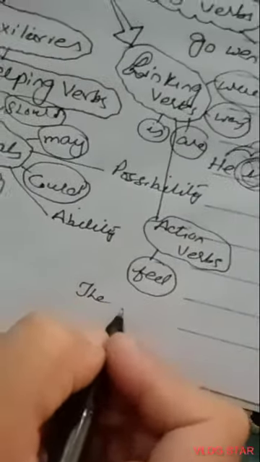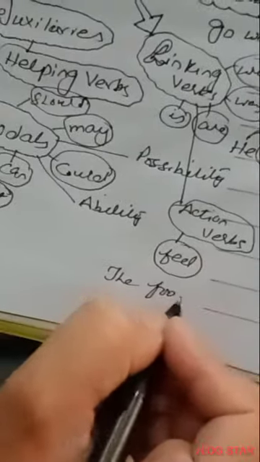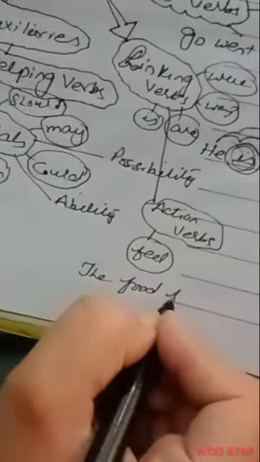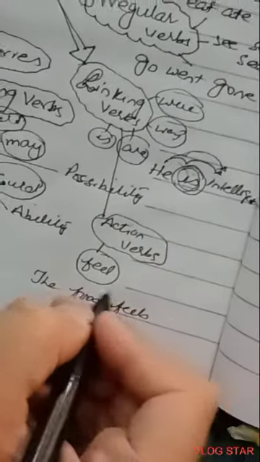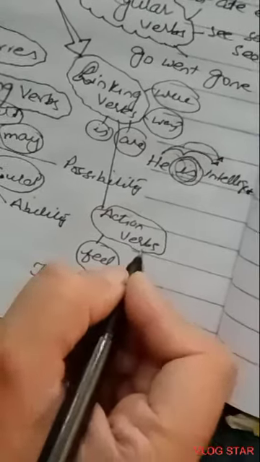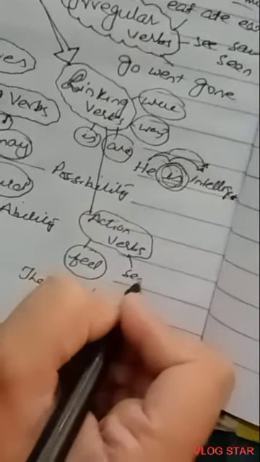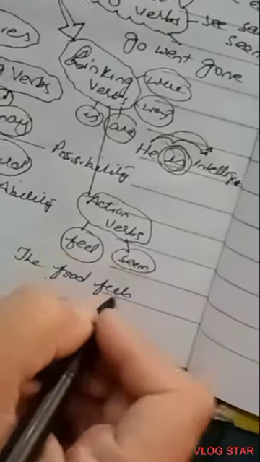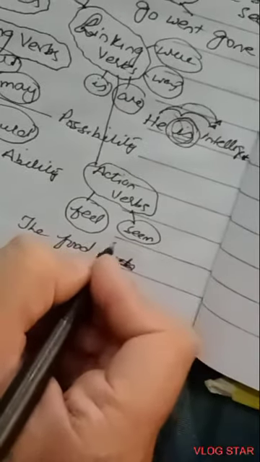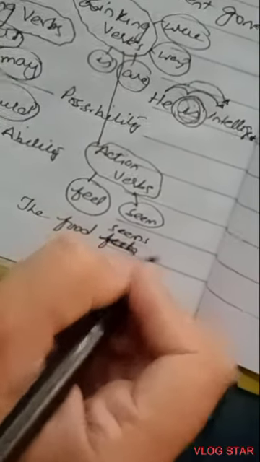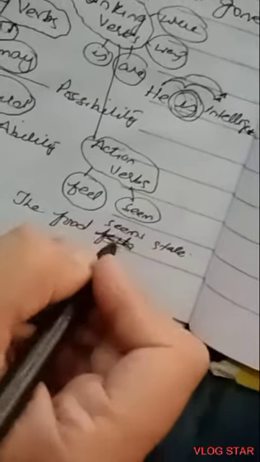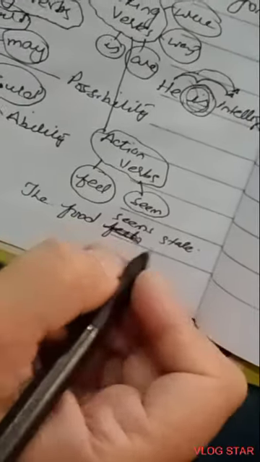If I say the food feels, we can use another word, for example, seem. So we can say the food seems stale. So here it is not used as an action verb.